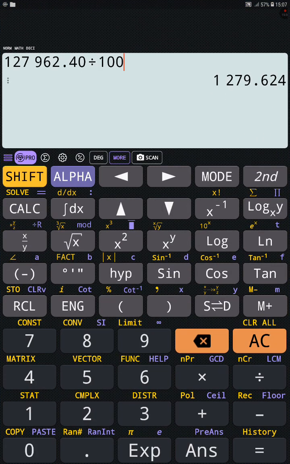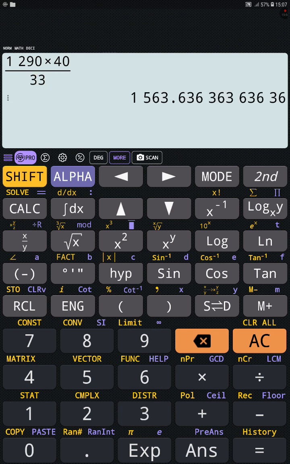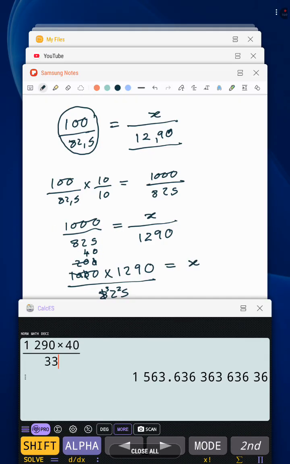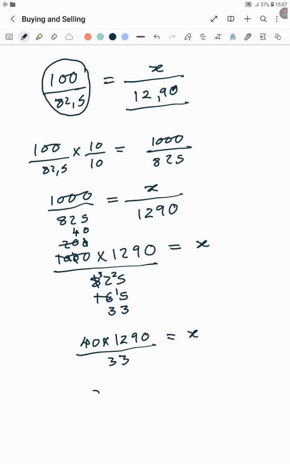So we can bring our calculator here and calculate this. 1290 times 40 all over 33, and you get your answer is 1563.636.